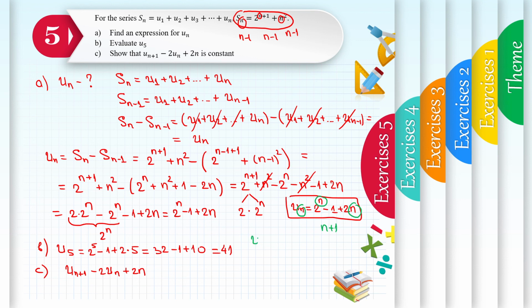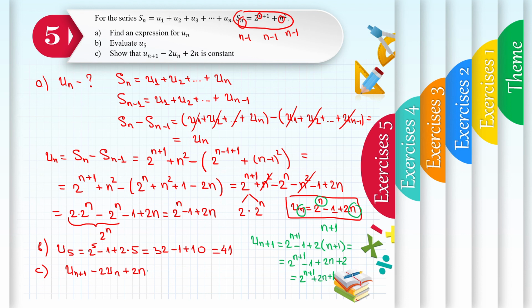And we will get that un plus 1 is equal to 2 to power n plus 1 minus 1 plus 2 times n plus 1, which is 2 to power n plus 1 minus 1 plus 2n plus 2. This equals 2 to power n plus 1 plus 2n plus 1.